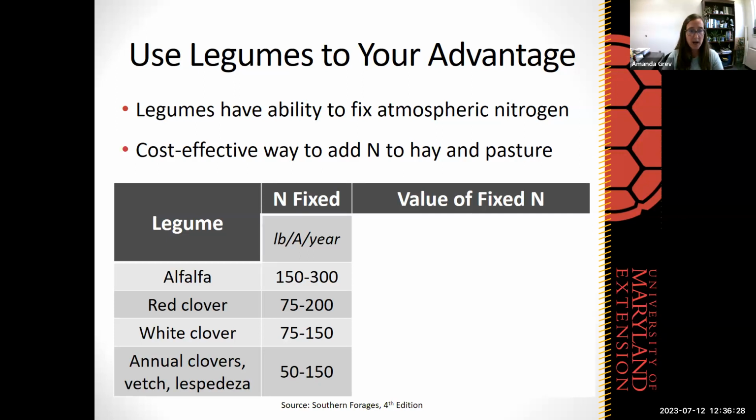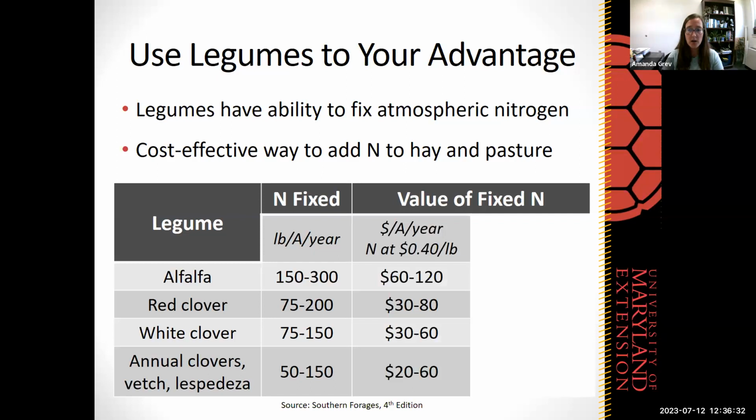And if we apply our same dollar value for nutrients, so these are the numbers that we used to use pretty regularly when nitrogen was a lot cheaper, when it was more like 40 cents per pound for urea nitrogen, then we would be looking at a dollar value from anywhere from $20 up to $120, depending on the species.